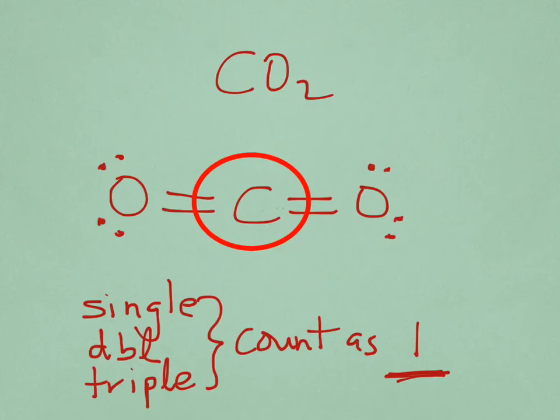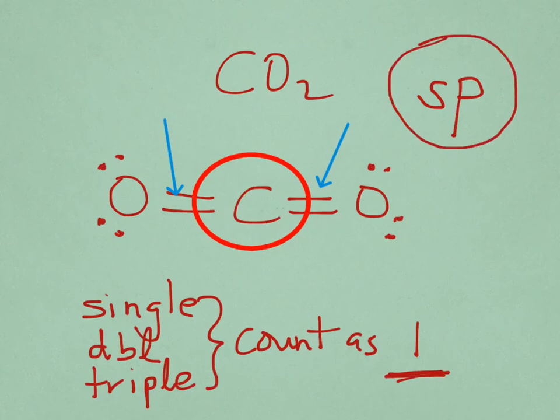Okay, so let's look here. There's a double bond here. That's 1. Another double bond here. That's 2. We don't count those each bond individually in this case, so the double bond counts as 1, just like a single bond does. And there's no lone pairs on that carbon, so we call this hybridization 1 from s and 1 from p. So just sp.